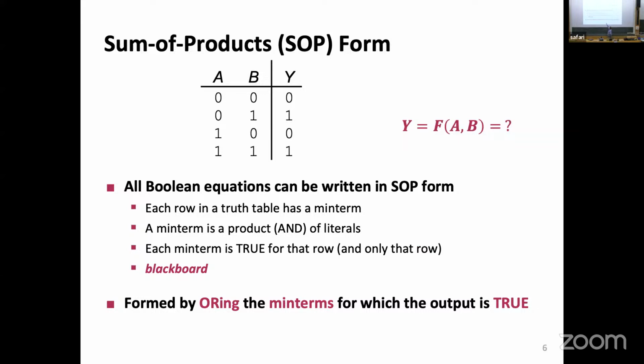Each row in a truth table has a min term. There are 4 min terms here: not A and not B, not A and B, A and not B, A and B. And not all the min terms result in a true output, right? You see 2 of those outputs are 1, and 2 of those are 0.